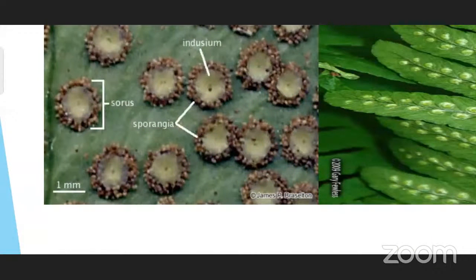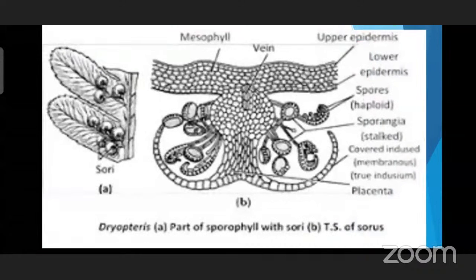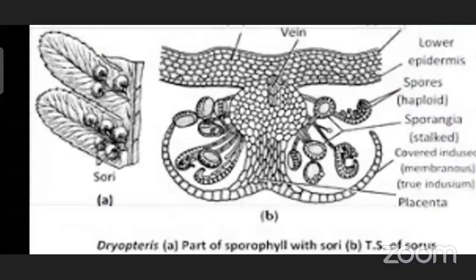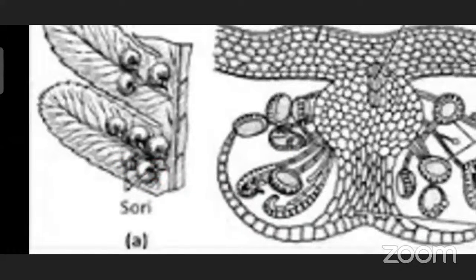So in the next slide you can see clearly. Here you can see these are the sori, and one singular is the sorus. You can see here how the sorus is present.